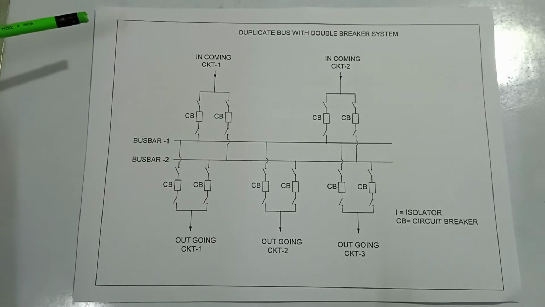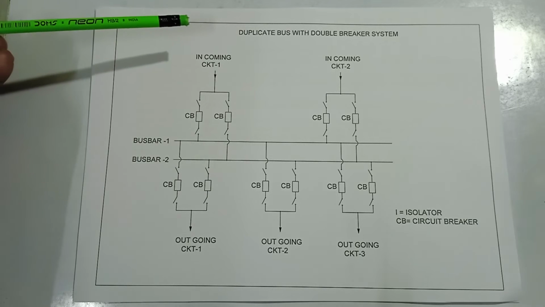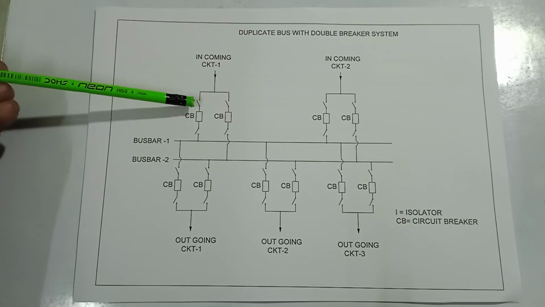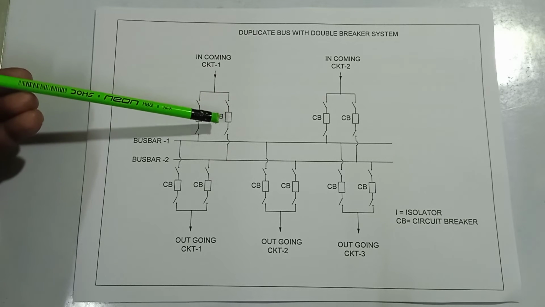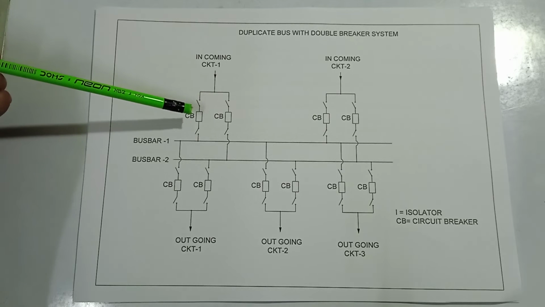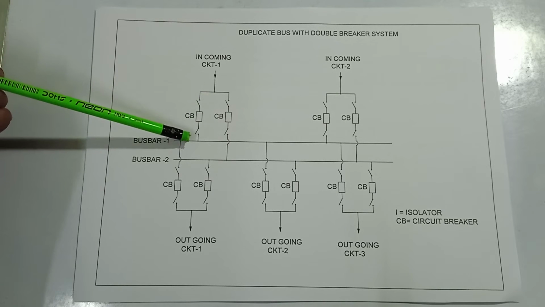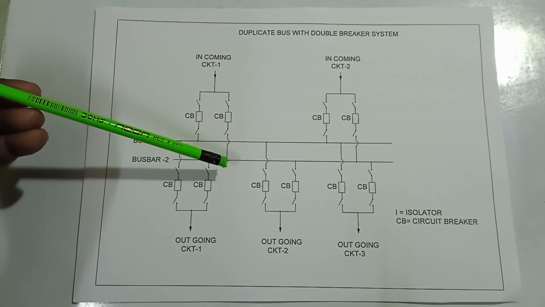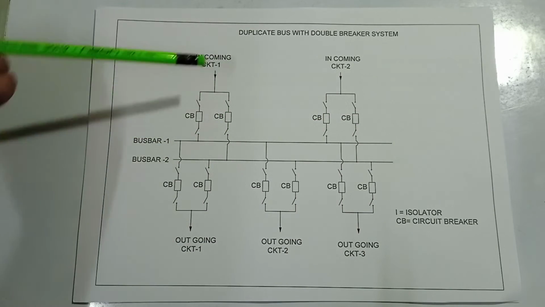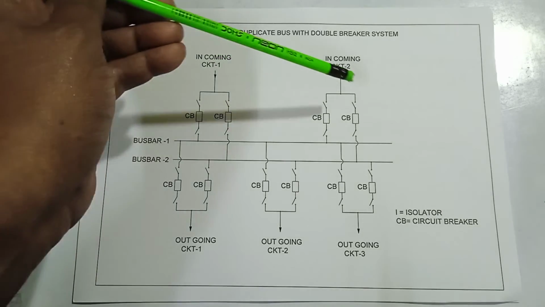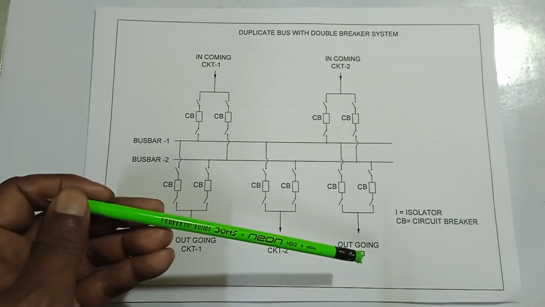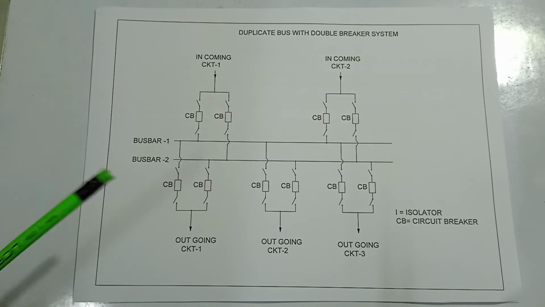Here is the picture of duplicate bus with double breaker system. Here is a breaker with two associated isolators. Here is the breaker, two associated isolators. This line goes to busbar 1. This line goes to busbar 2. Here it is the same. It is incomer 1 and incomer 2 circuit, and this is outgoing circuit 2, outgoing circuit 3.